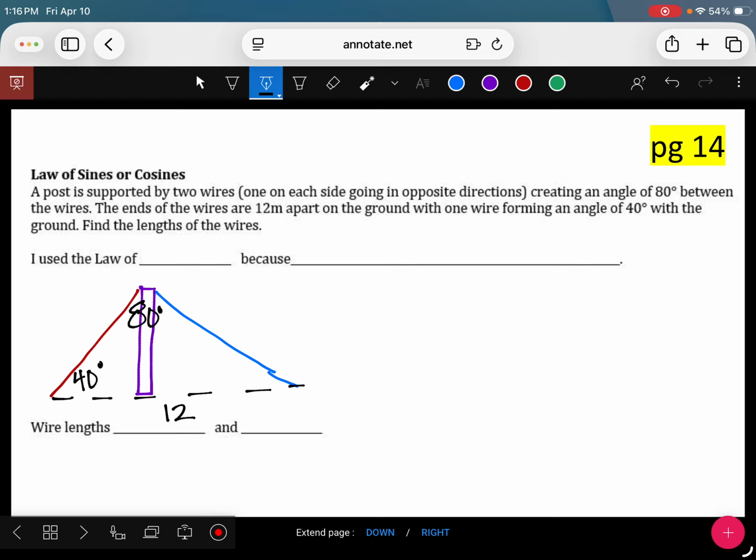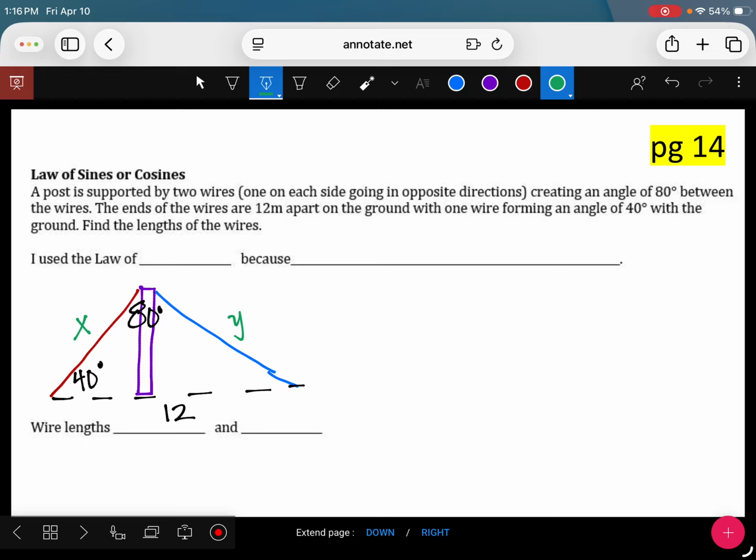They want us to find both wire lengths, this side and this side. So the first thing you have to figure out is which law are we going to use? Are we going to do SOHCAHTOA, law of sines, law of cosines? What are we going to do to get these two answers?